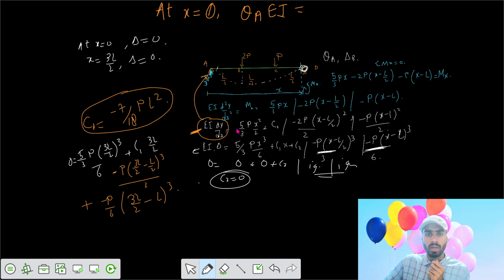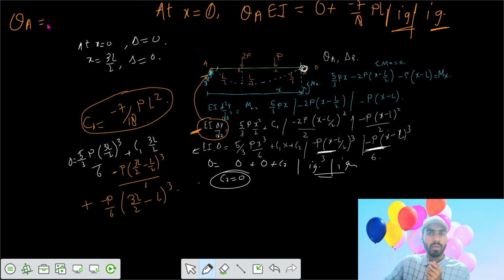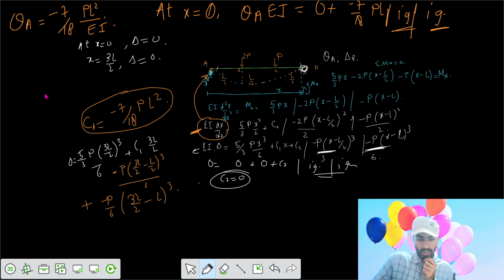The value of x is 0, that means 0 plus C1, which is minus 7 by 18 PL square. Then these terms will be ignored because the value is 0 minus some term that's negative, so we have to ignore them. So finally we got the value of theta A, that is equal to minus 7 by 18 PL square upon EI. This is your theta A.